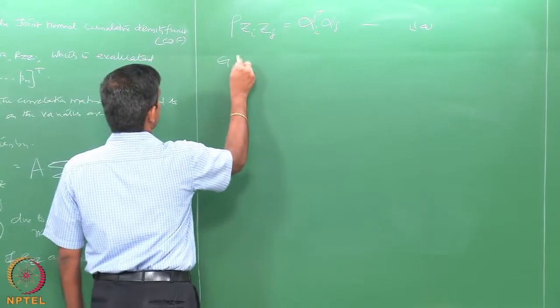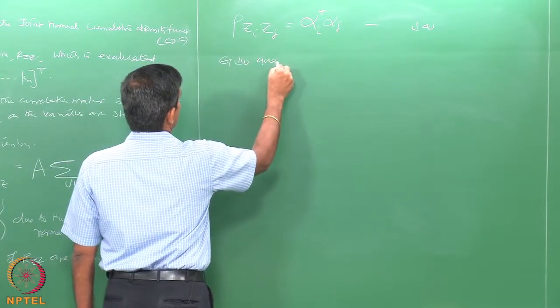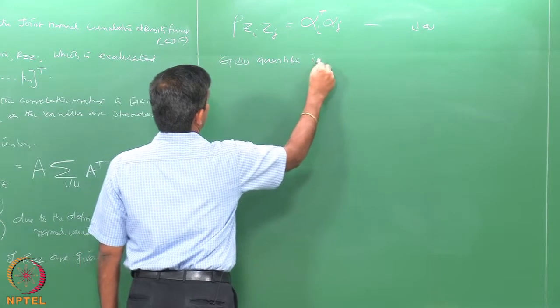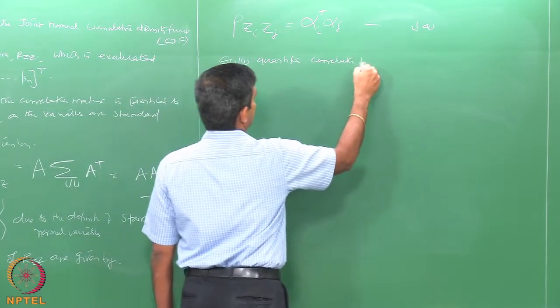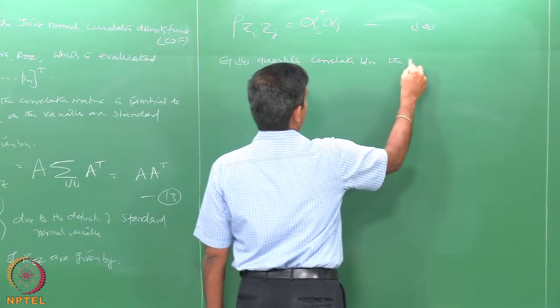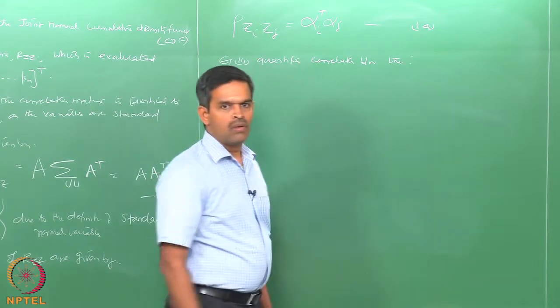So, equation 14 quantifies the correlation between the failure modes i and j.